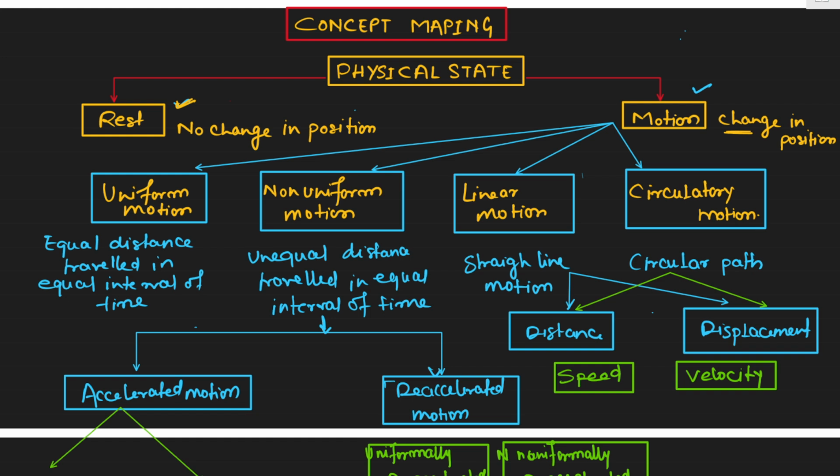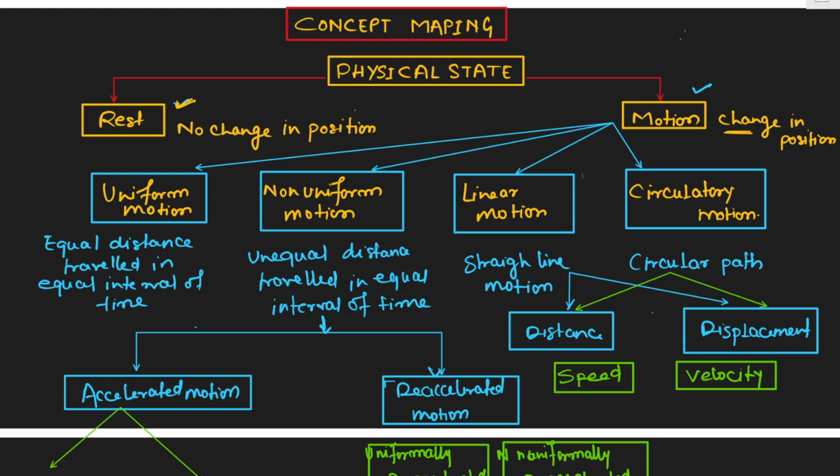So imagine you are sitting in a car moving on a highway. From your perspective inside the car, you may feel stationary. While you are traveling in a car, from your perspective you are feeling that you are stationary, you are not moving.